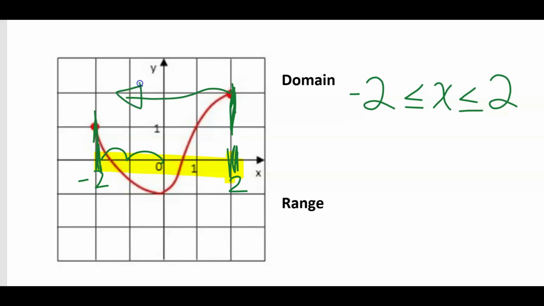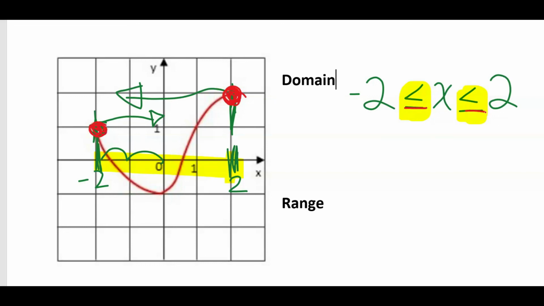It always goes to the left from positive 2, and it never goes below negative 2. It always goes to the right. And the reason that I have this inequality with the line under it is because you'll notice that the circles on this graph were closed circles. I had this closed circle here, I had a closed circle here. That's why this inequality has this line under it.